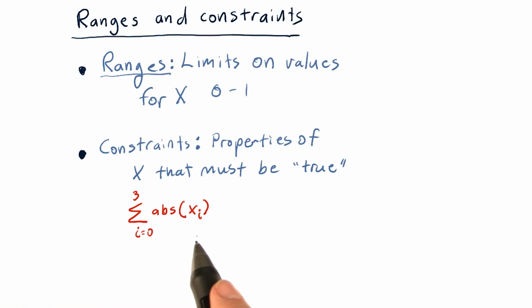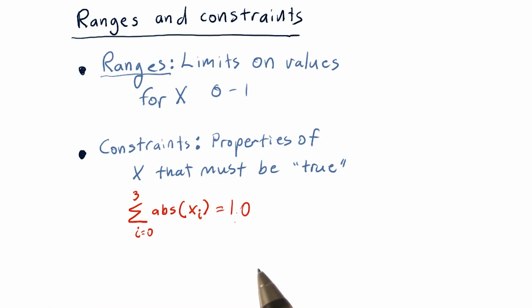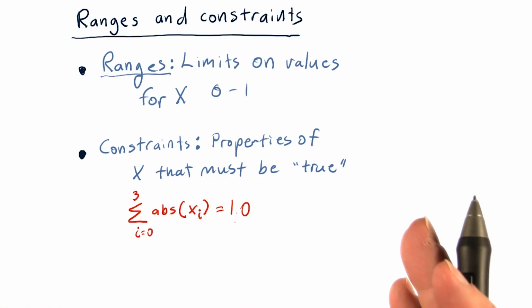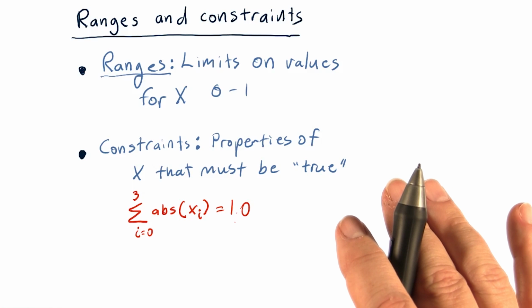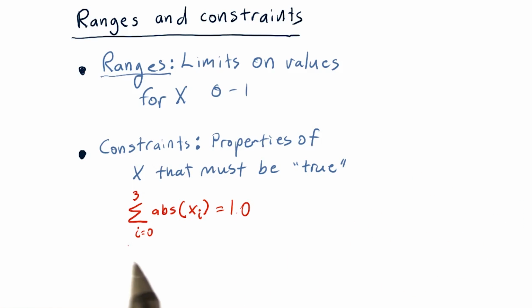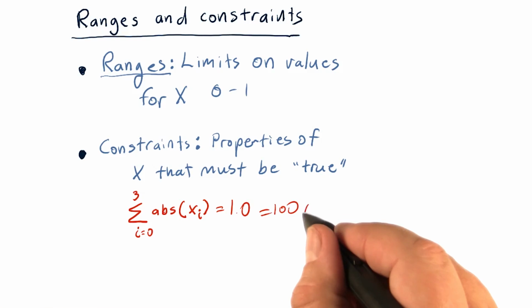We want the sum of the absolute values of those to be equal to 1.0. In other words, our total allocation should add up to 100%. The optimizers we use in this class have the ability for you to express that, and that guarantees that at the end, when it finds the values for x, you end up with a total of 100% allocated to the various assets.